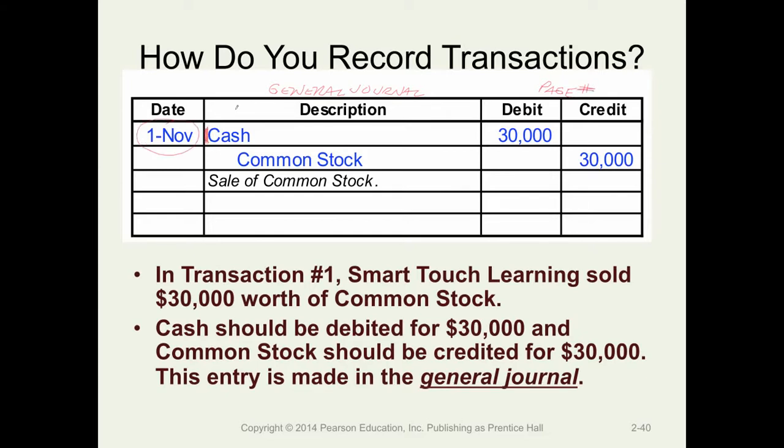Debits are placed first and against the left margin with that amount. And there could be more than one debit. Credits are indented. And of course, the explanation could be added. All debits are listed first at the left margin. All credits are listed second and indented. And the explanation is also at the left margin.